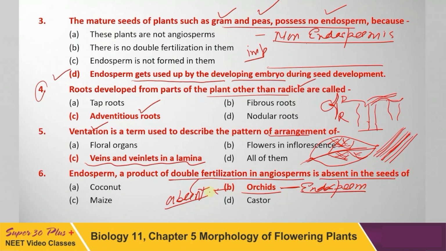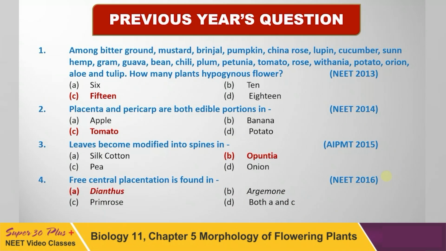Double fertilization gives the 3N primary endosperm nucleus, which ultimately develops into endosperm. As in orchids double fertilization is absent, therefore the endosperm is also absent. Is it right? Okay.